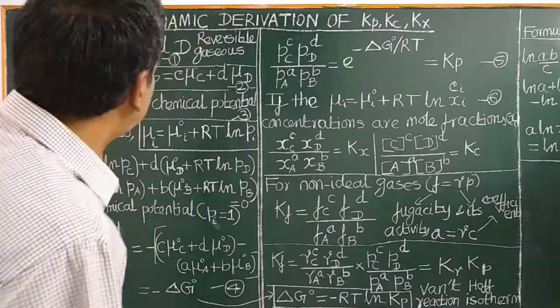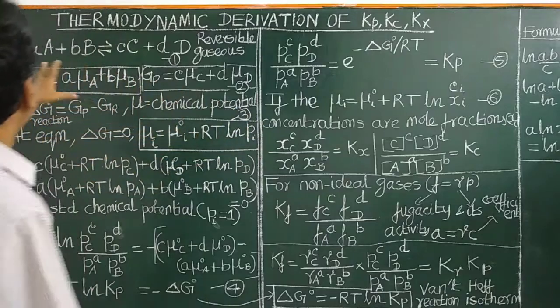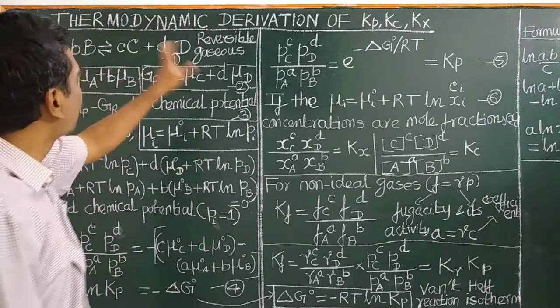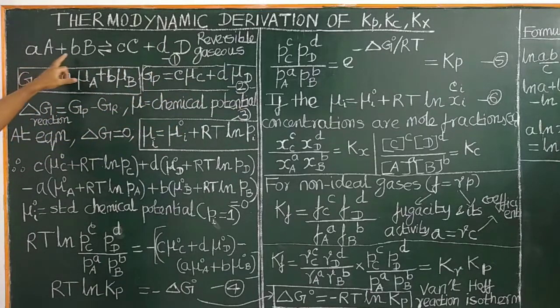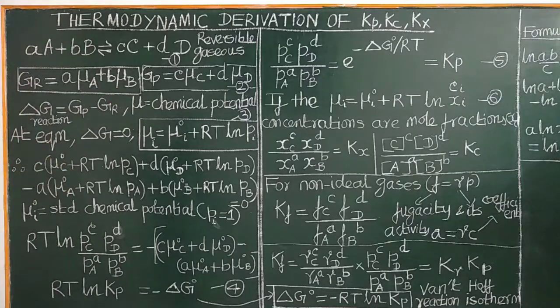Let us consider a general reversible gaseous reaction, where A and B are reactants, C and D are products, and a, b, c and d are the number of moles of reactants and products respectively. All the reactants and products are gaseous species.